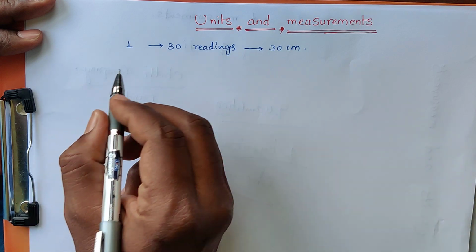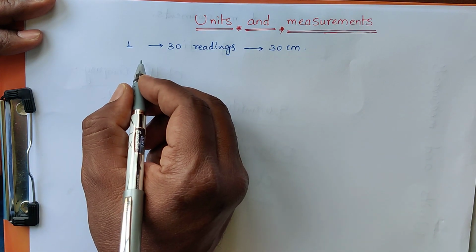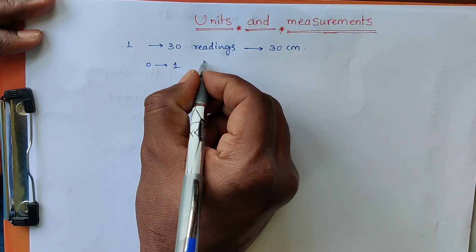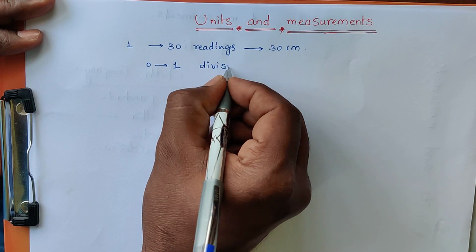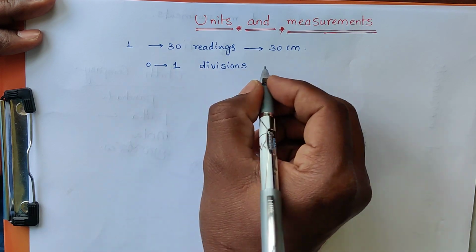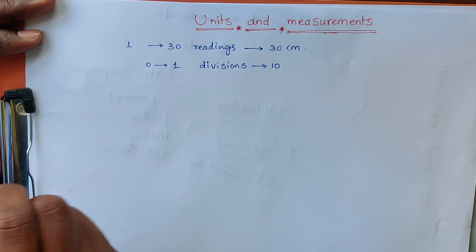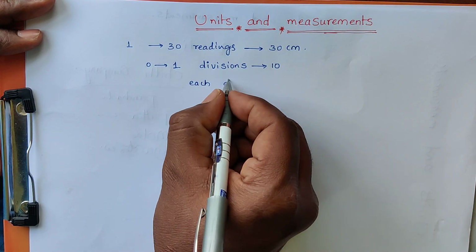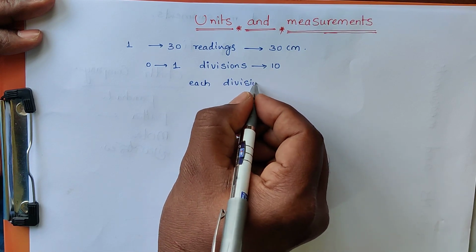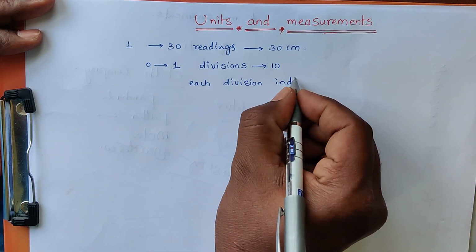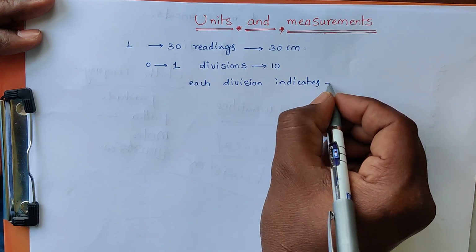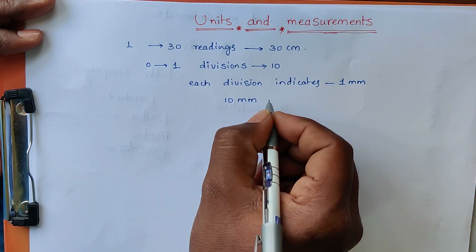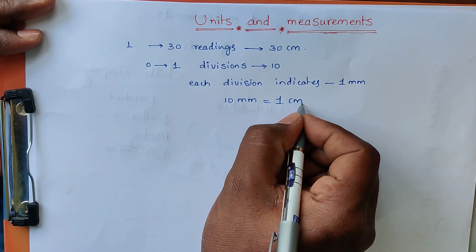In between any 2 centimeters, that is 0 to 1 centimeter, you will have 10 divisions. So each division indicates what value? 1 millimeter. So 10 millimeters equal 1 centimeter here.